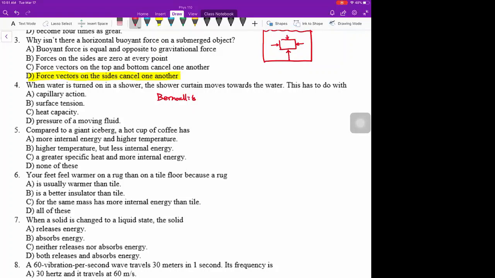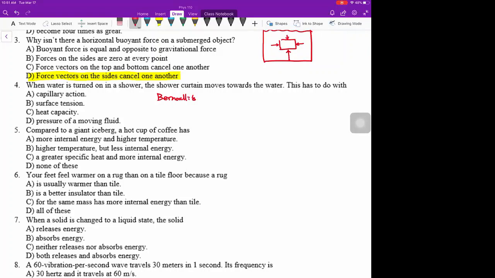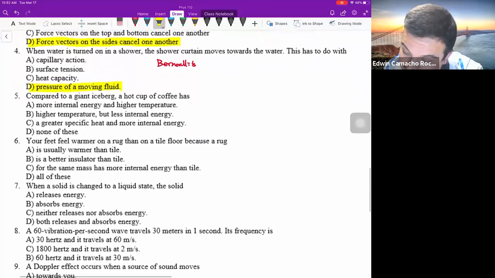The higher the speed, the lower the pressure, so the curtain will move toward the water because the water is flowing faster and moves the air around the water. So it will go forward to that. It's what we call the pressure of a moving fluid. That's the Bernoulli principle.